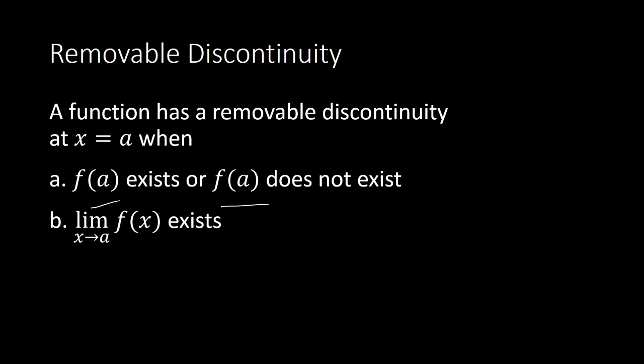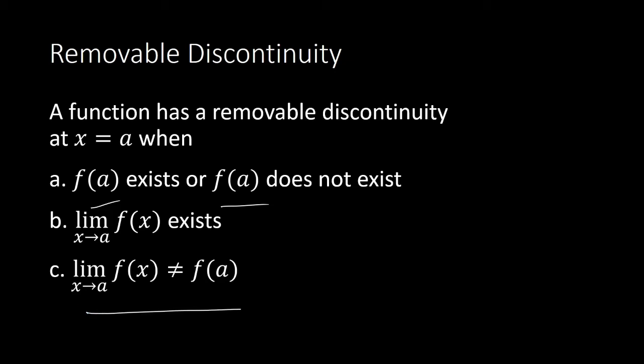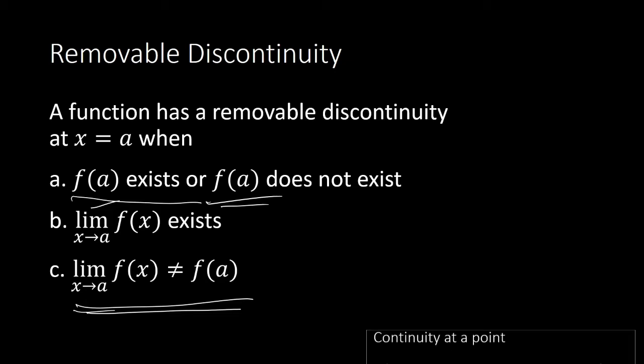The limit of your function as x approaches a exists. And the reason why it is discontinuous is because the limit of your function as x approaches a is not equal to f of a. Why? Well, maybe because f of a does not exist. Or maybe f of a exists, but it is not equal to its limit as x approaches a.